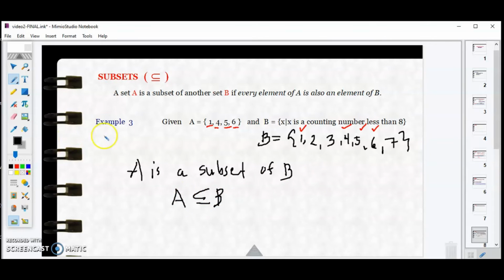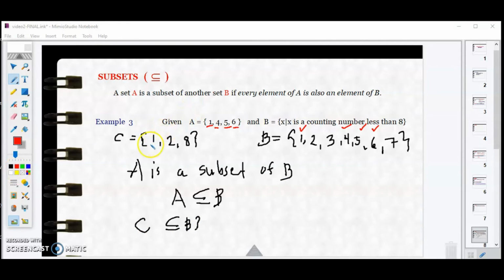Now, paano ngayon kung meron tayong pangatlong set? We have, suppose, set C. And the set C is a set of 1, 2, and 8. So can we say that C is a subset of B? So it's a question, is C a subset of B? Let's check.